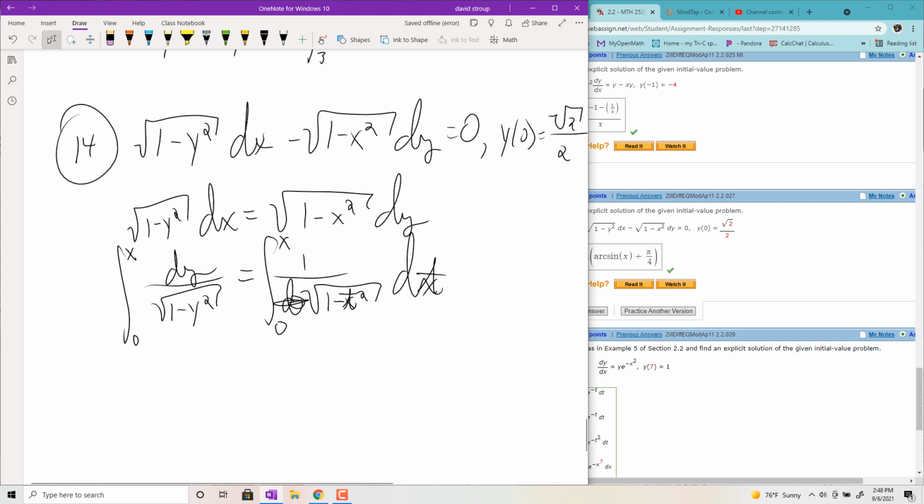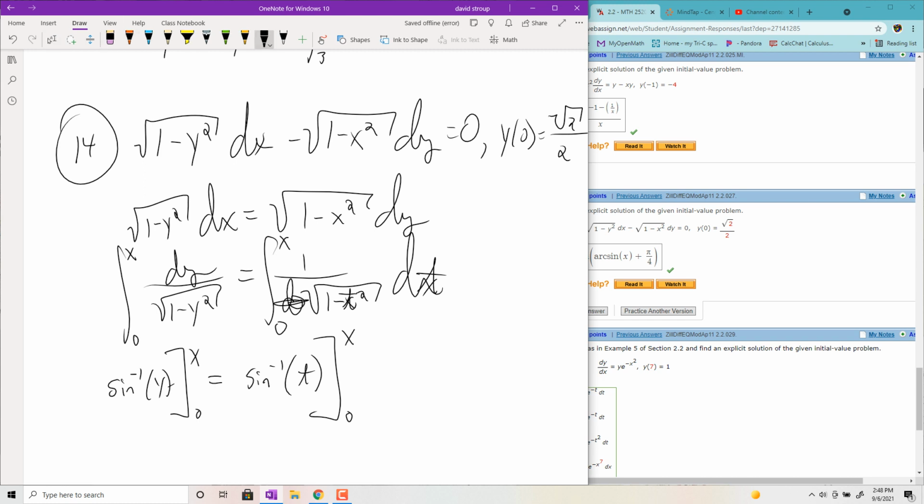Then you can integrate, so over here it's sine inverse of y from 0 to x, and on the right hand side we have sine inverse of t from 0 to x. It should be noted that this function y over here is a function of x.